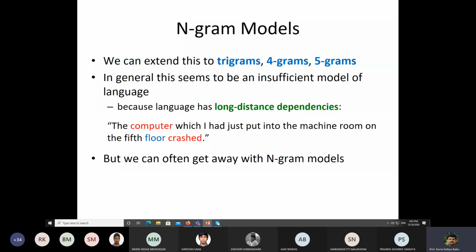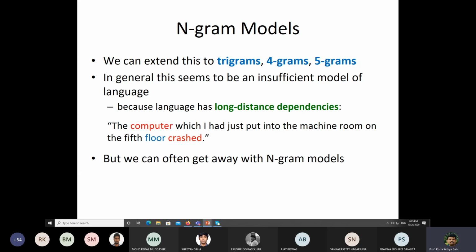In general, this seems to be an inefficient model of language, because the main reason is that language has long distance dependencies. The example is given here: "The computer which I had just put in the machine room on the 5th floor crashed."